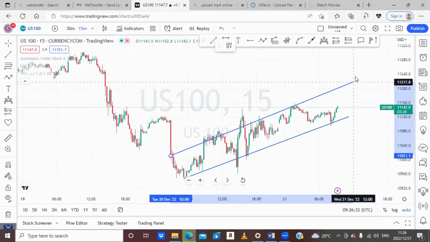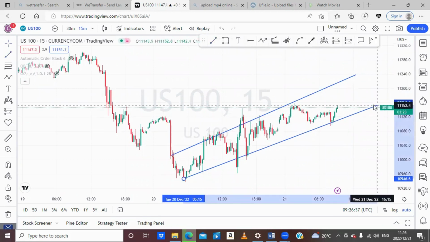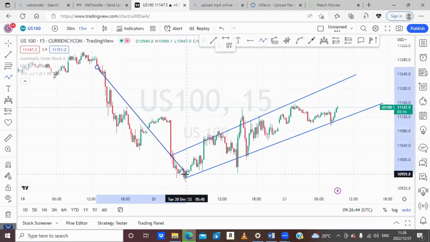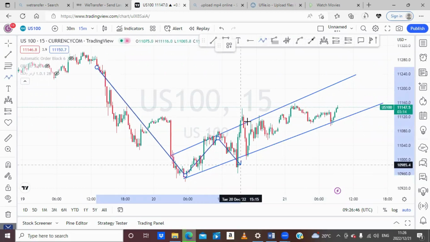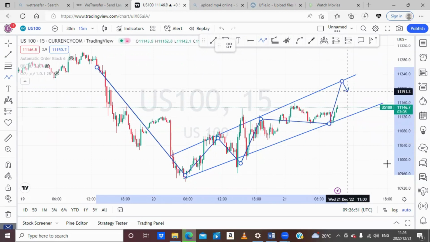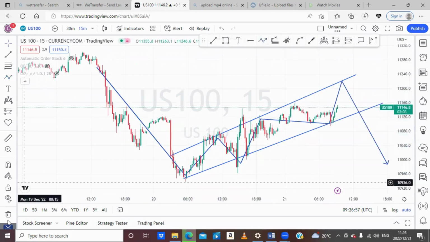So we are most likely to have a movement to break out of this, then continue going up. So like I said, responsible for the continuation going down. Understand? Maybe it might go there, then boom, down. So this is what might happen.